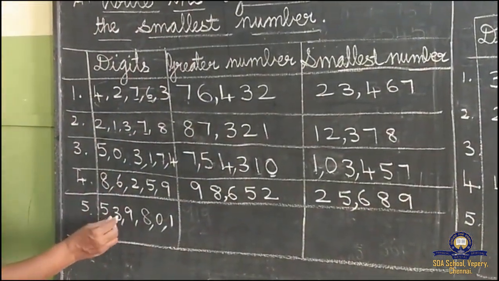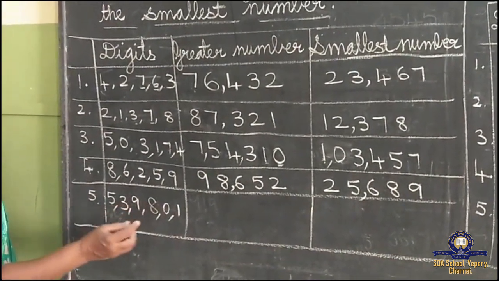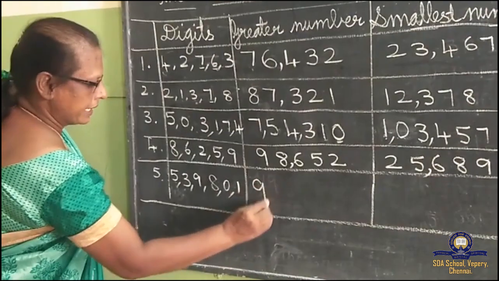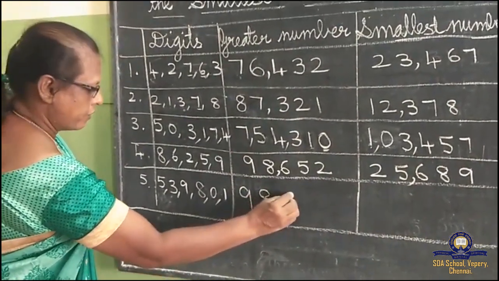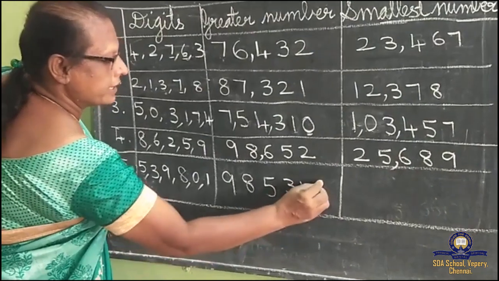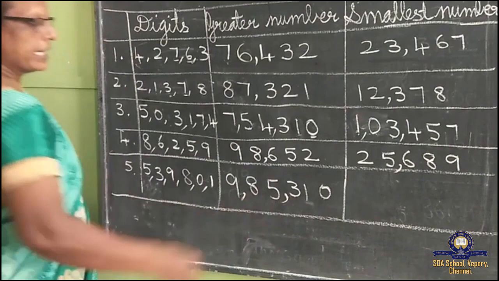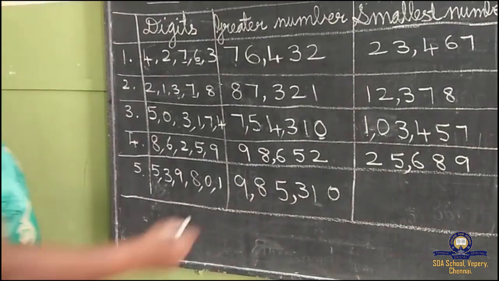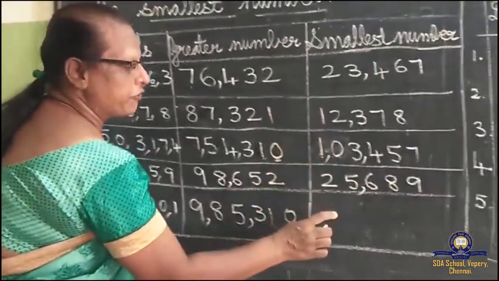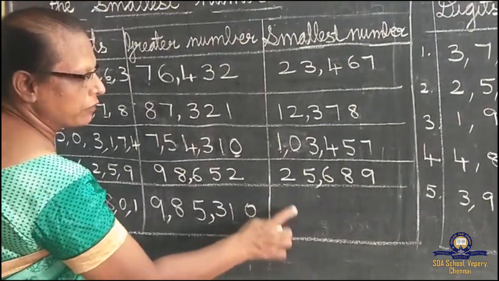And here, see, 6 digits are there, isn't it, children? So which is the biggest number? 9, 8, 5, 3, 1, 0. So 9,85,310. Again, children, be careful while writing the smallest number. What you have to do? You have to write 0?